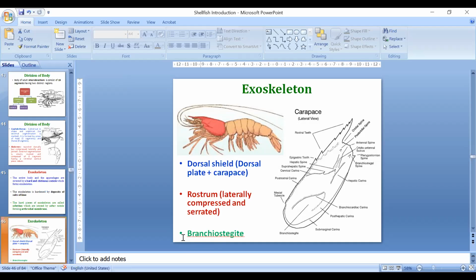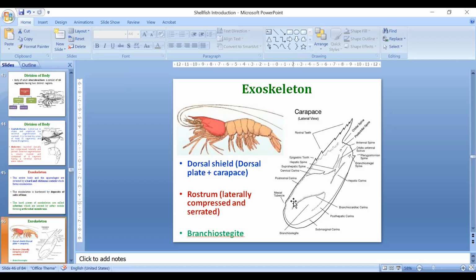Now the branchiostegite. You can see this carapace covers the body from both sides, like a cap covering both sides. The gills of the prawn are positioned one on this side and another on the other side.